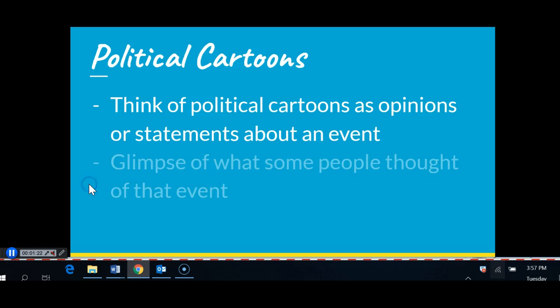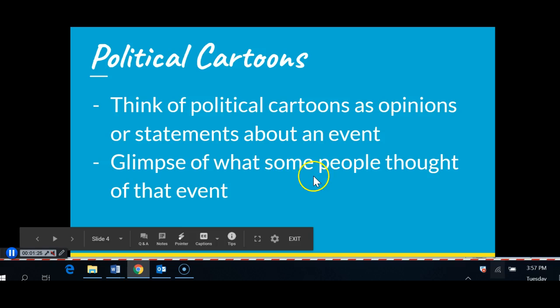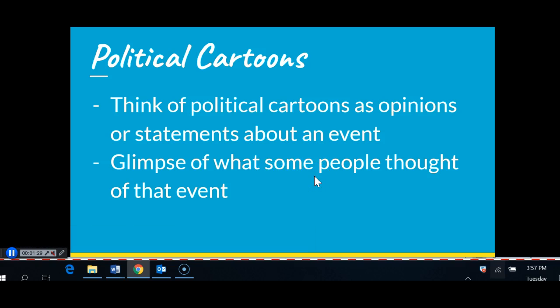It can give us a glimpse of what some people thought of that event. And of course, that political cartoonist is not going to be the only one that thinks that certain way. There are going to be other people who have that same sort of opinion about what is going on.